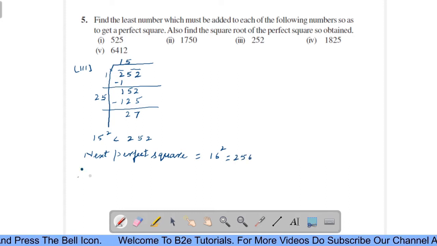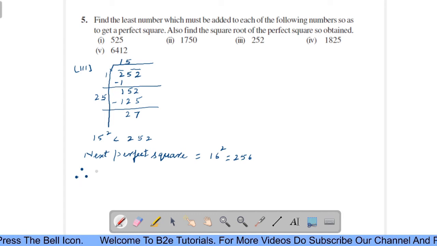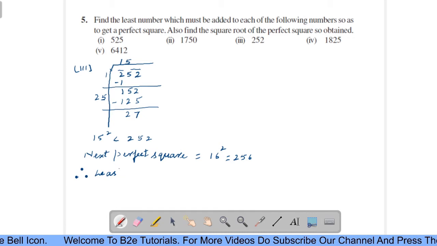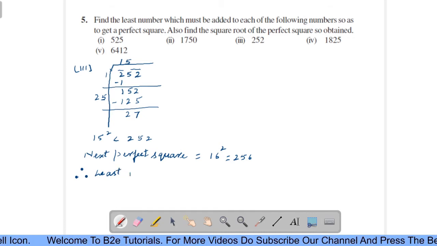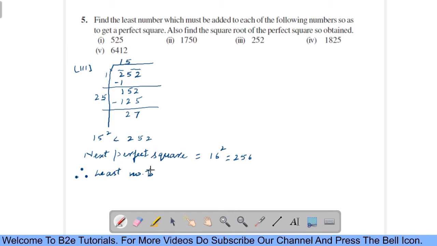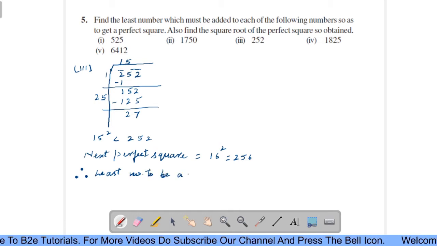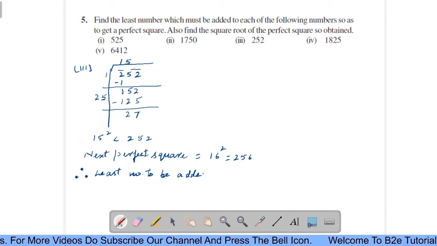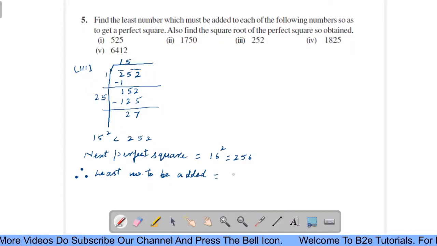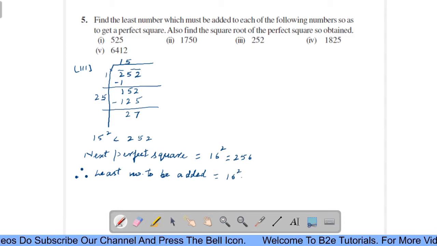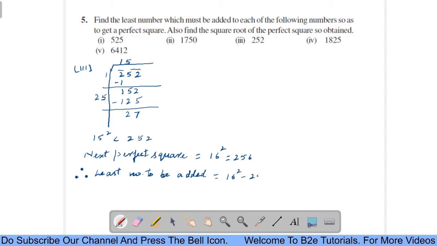Therefore, least number to be added equal to 16 square minus 252.